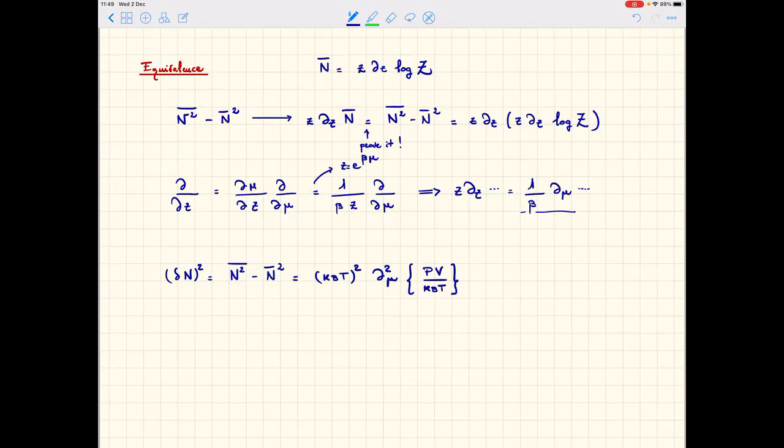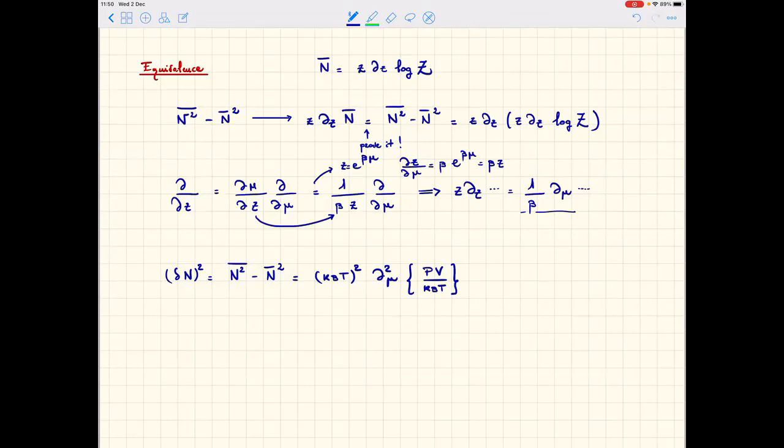So if you take a derivative of z with respect to mu, this is equal to beta times e to the beta mu. So it is equal to beta z. And now you see that. Okay?